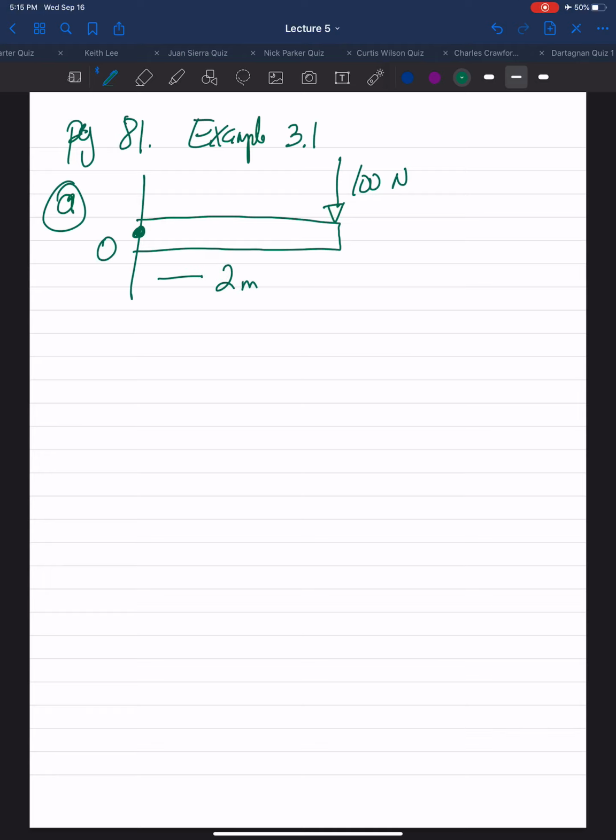The distance is 2 meters. Now we know this force is perpendicular due to they did not give us an angle or anything.